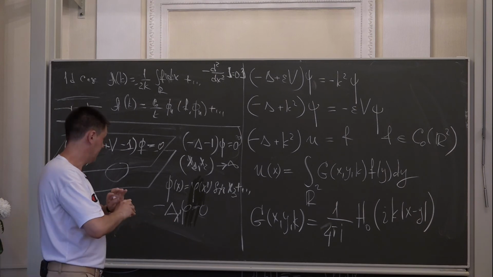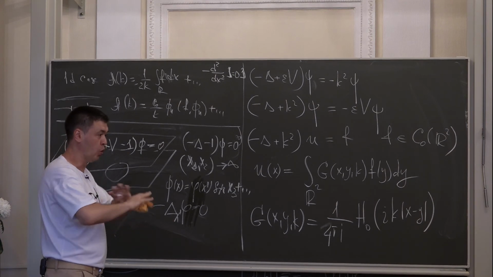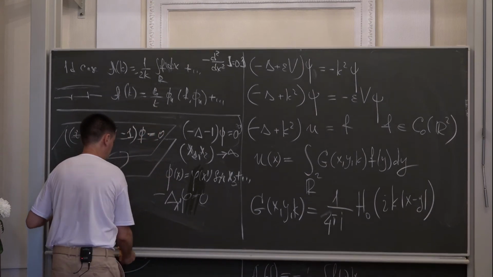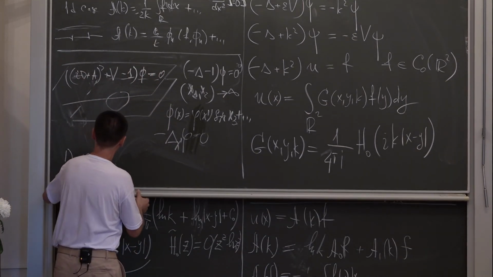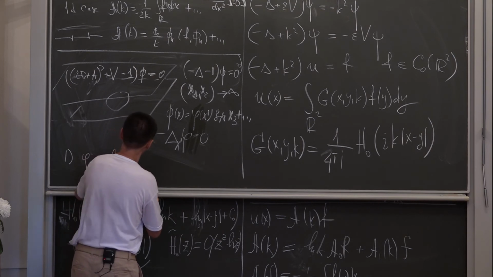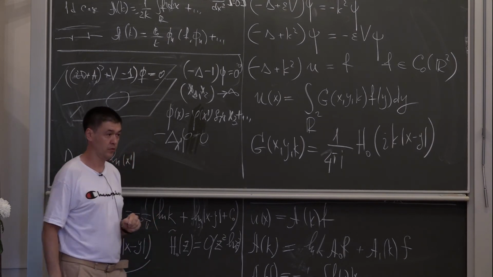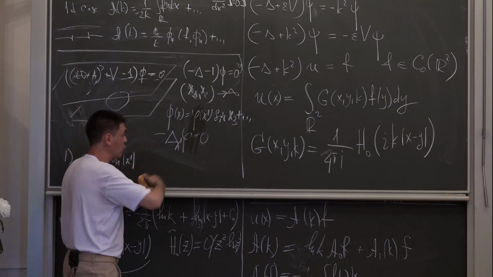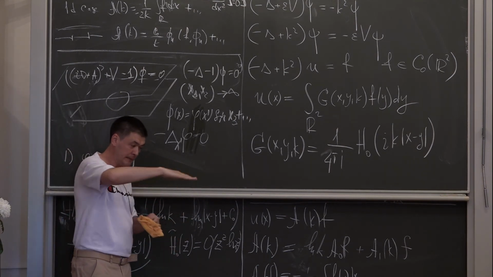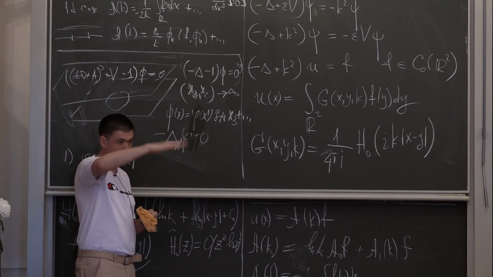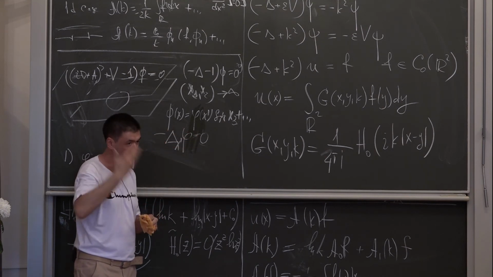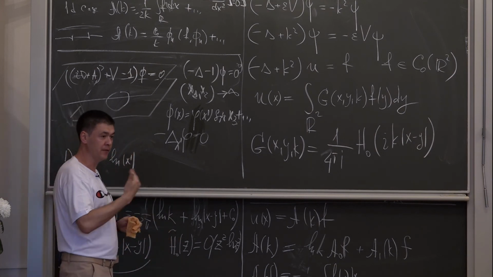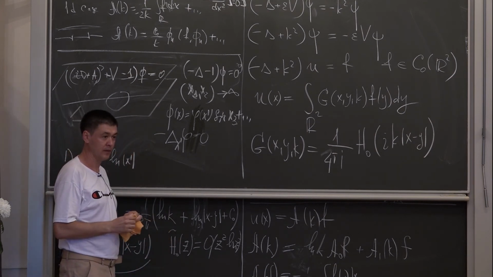Good. What are the possible behaviors of a harmonic function on the plane at infinity? So if we want to know all possible behaviors, the first case is that phi behaves as a logarithm, right? So I don't care about the center. I'm just speaking about how the asymptotics of this harmonic function can look like at infinity. You take an analytic function and its real part.